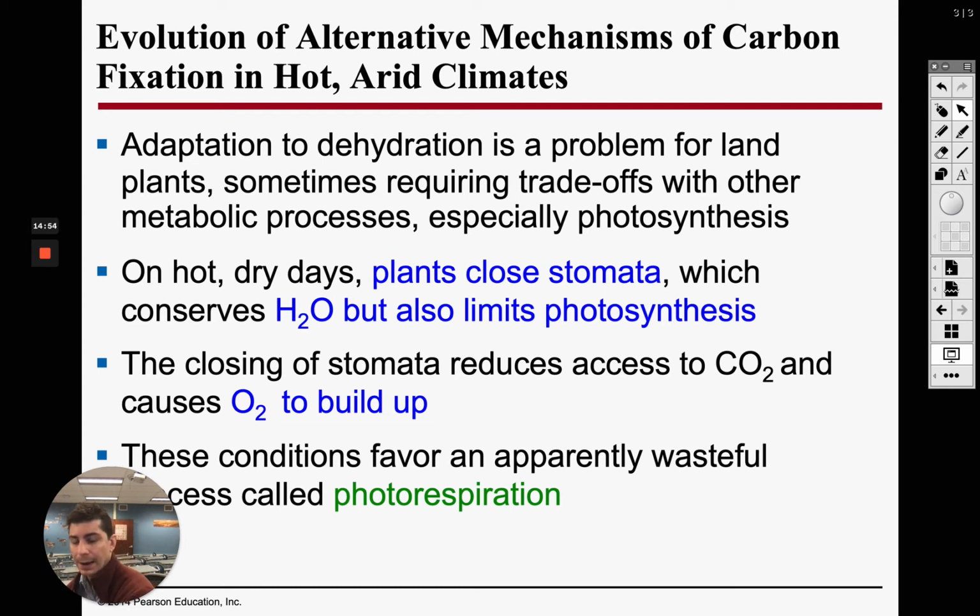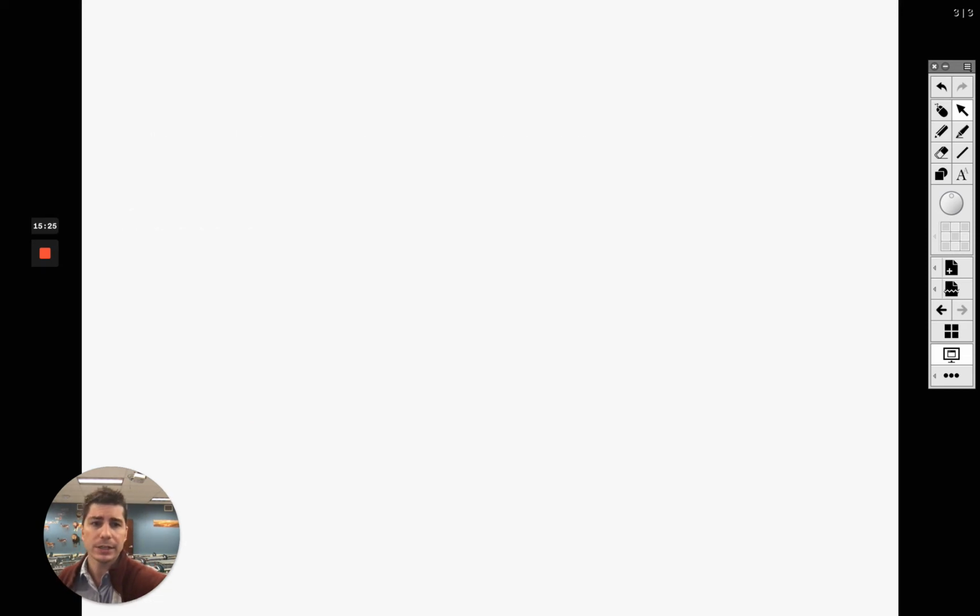If it's a really hot day outside, this means that we cannot bring carbon dioxide in, and we want a lot of carbon dioxide in. Whenever we do photosystem number 2, we want that oxygen to almost leave immediately. The plant does not want that oxygen inside of it. If the plant cannot open up its stomata, it's going to go through something called photorespiration. I'm going to give you a picture of photorespiration. We're going to draw that out, and I'm going to show you that process.